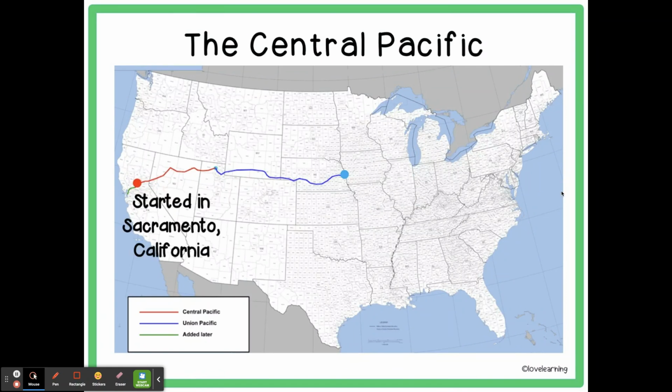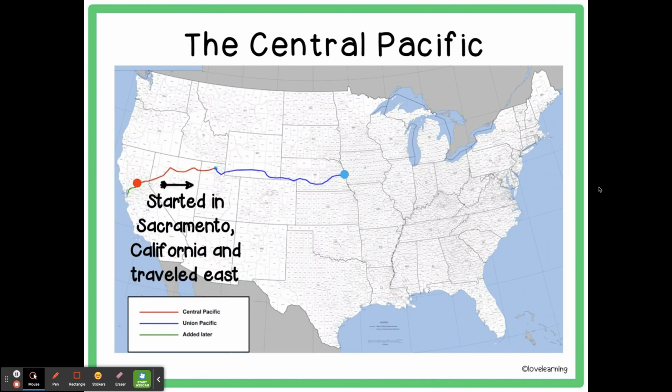Then you have the Central Pacific. Remember, they are the red line. They are working and starting in Sacramento, California. So in the opposite way, they are starting there and making their way towards the east. Okay, so they are starting in Sacramento, California, and traveling east.